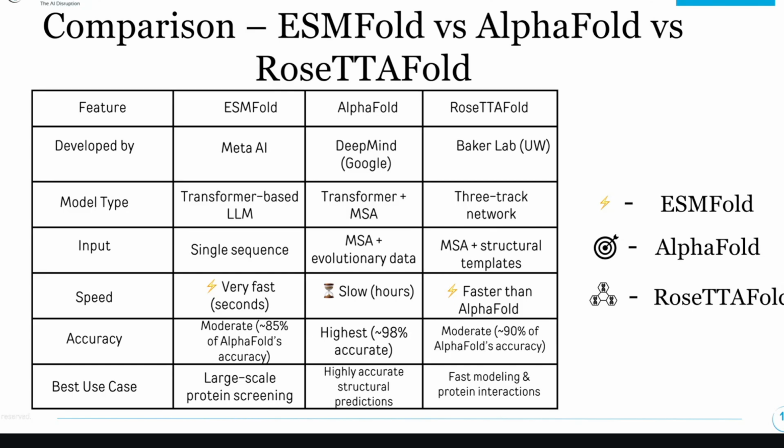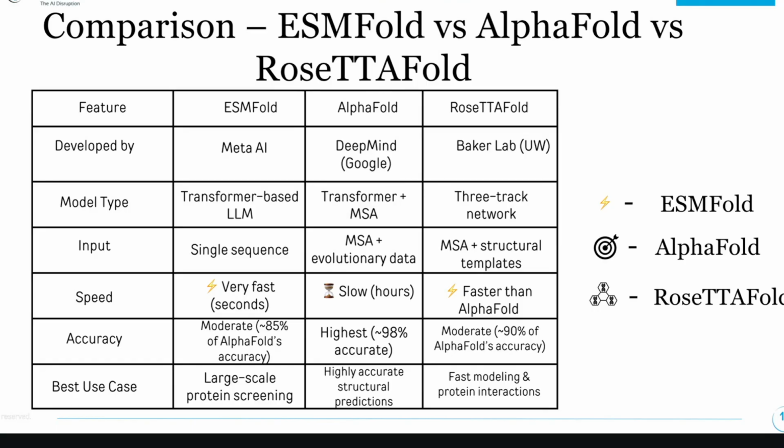AlphaFold was created by the renowned scientist Demis Hassabis, right? Hassabis created Google's DeepMind in order to create tools like AlphaFold, which revolutionized the field of structural biology by achieving near experimental accuracy.